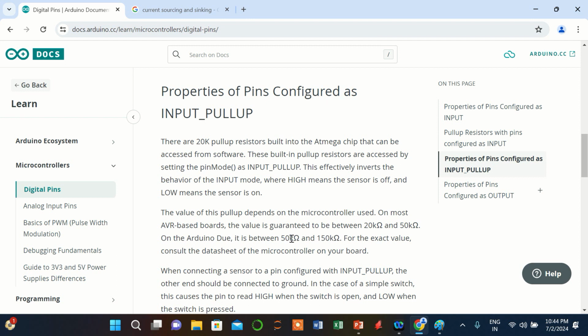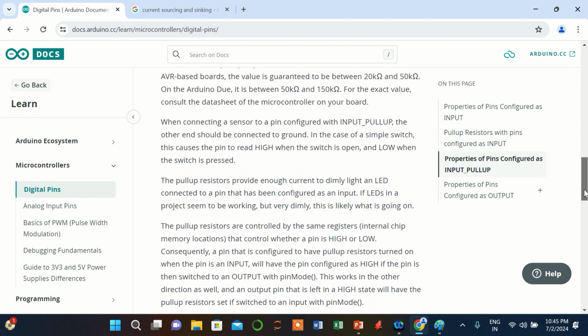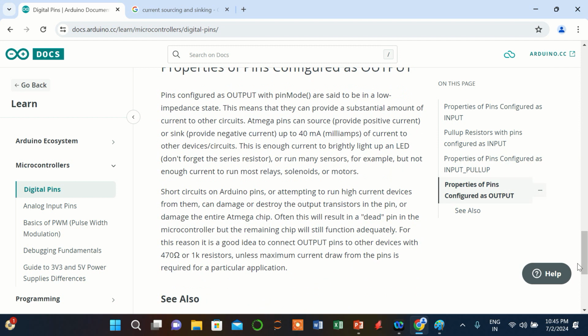For example, in the ATMEGA series from Atmel, pull up means a 20 kilo ohm resistor connected to VCC. For some other controllers it could be 50 kilo ohms, or 150 kilo ohms. So what does it mean? It means the amount of current flowing through that pin is a choice you have to select by using pinMode INPUT_PULLUP.